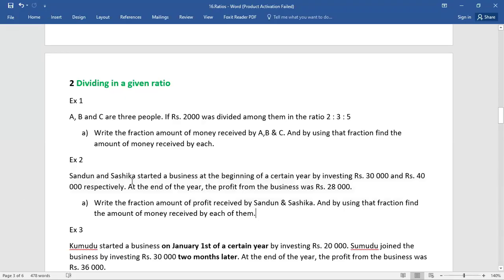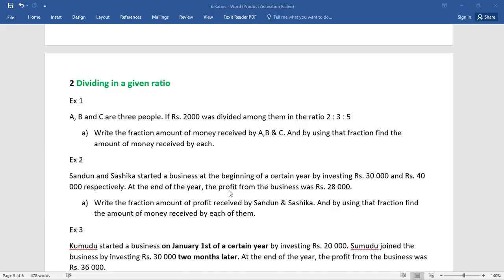Sandun and Shashika started a business, and I will put it in the chat as well. I will give you 3 to 4 minutes to do it. Sandun and Shashika started business at the beginning of a certain year by investing 30,000 and 40,000 respectively.